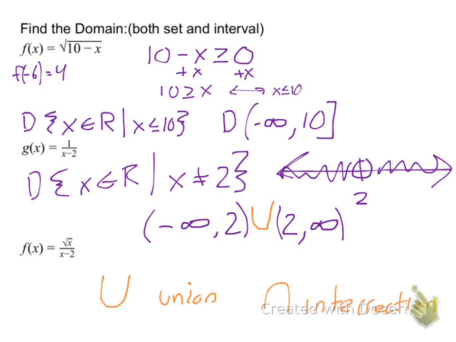The third example is going to have to deal with some of this stuff of putting things together. We've got a square root, and we're going to have some things we can't be. Sometimes they overlap, sometimes they don't. I'll give you guys a couple seconds to try to figure this one out on your own.